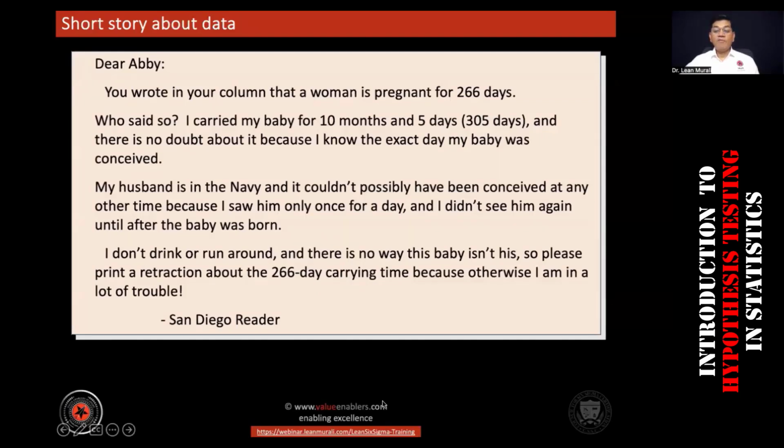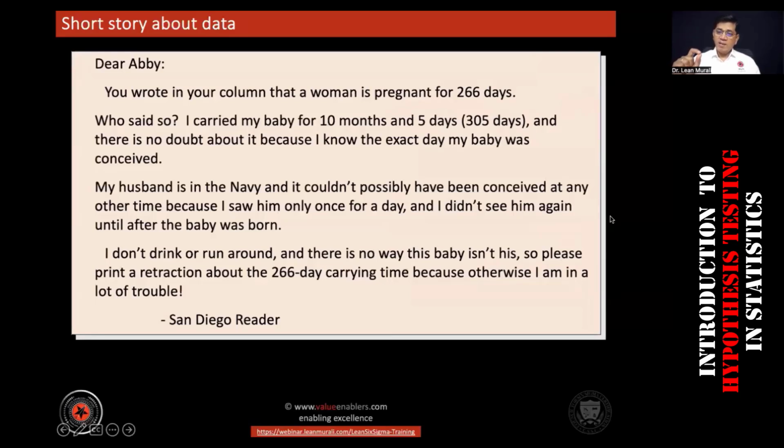Now, if this case for her is clear, on a scale of 1 to 10, please give me a 9 or 10. All that she is saying is, look, my husband came only once to my house because he's working in the Navy. I got conceived on that day.